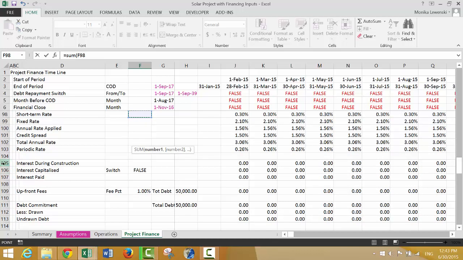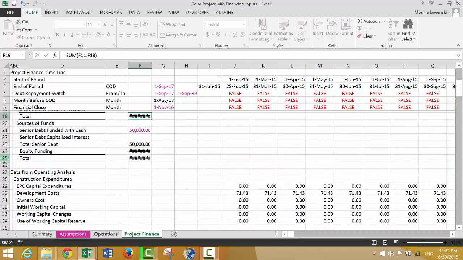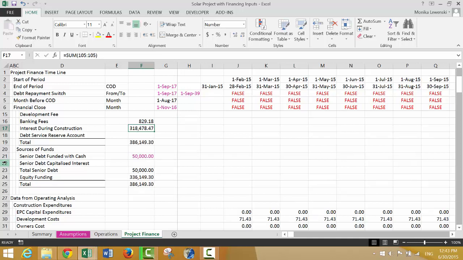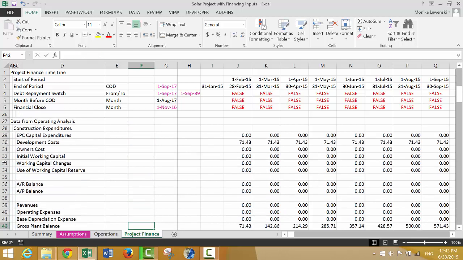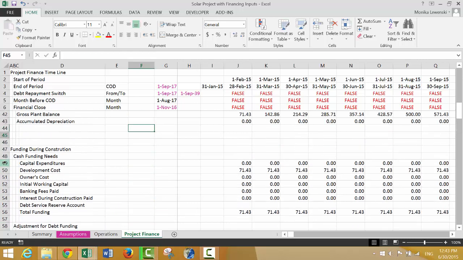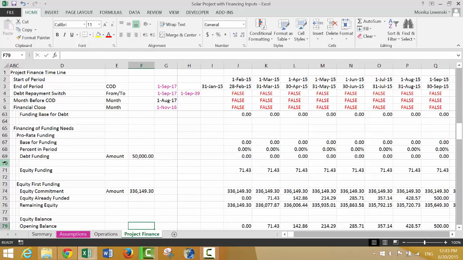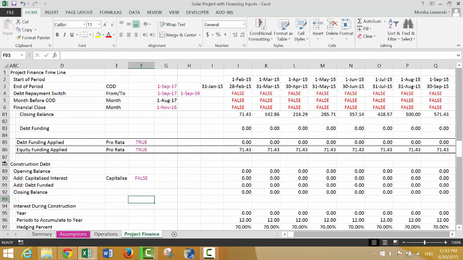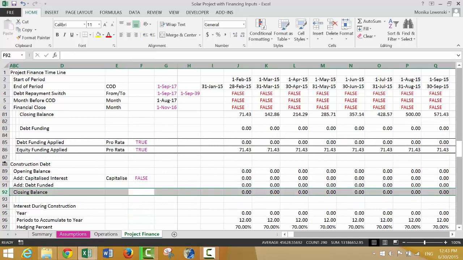Now let's do the same thing with interest during construction. Obviously I made a mistake. Where's our balance of the construction debt? Well, we never paid it off.